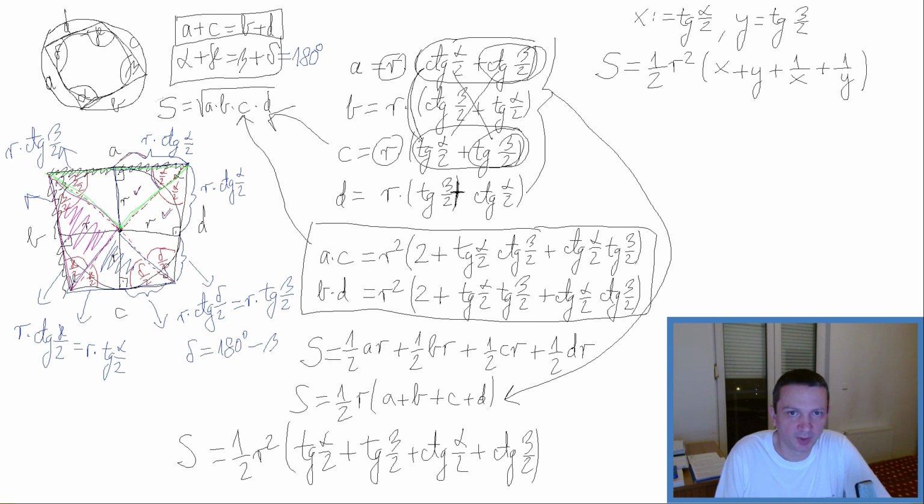This is S. Sorry, I am mistaken. In this S, when we sum all, we have two. Sorry, I will put this in red so that you can see what my mistake was.